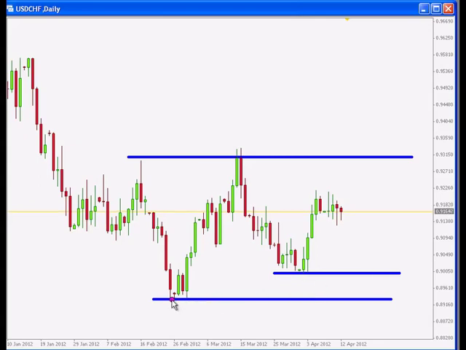Now you may be considering whether this is a trend line. I don't think that's a trend line, to be honest, because in order to have a trend, you want to have price printing higher highs and higher lows, or lower lows and lower highs, and so on and so forth.